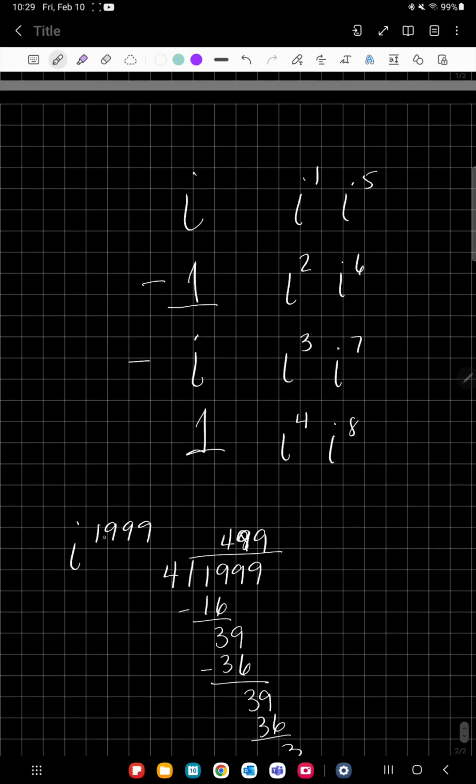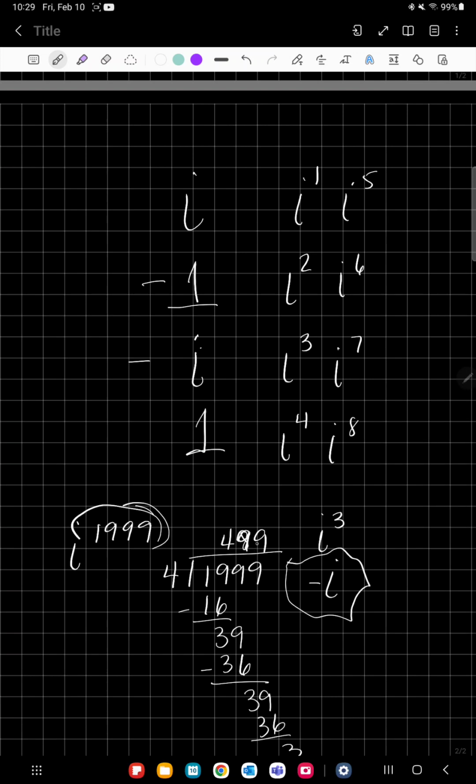So i to the 1999th power is the same as i to the third, and we know i to the third power is negative i. See how that works? Because our remainder was 3. We took this number and divided it by 4 because we know every fourth power of i repeats.